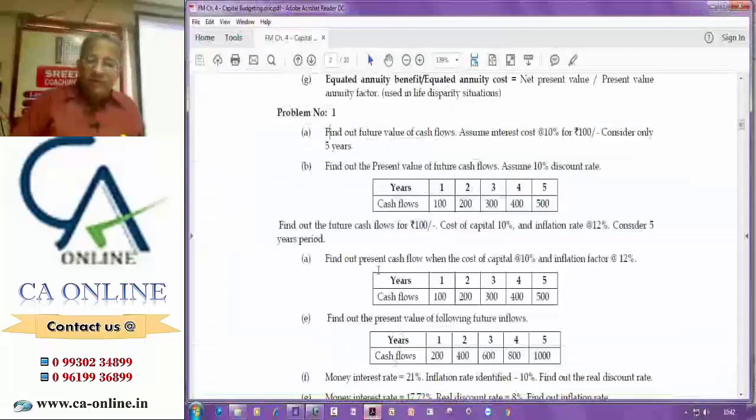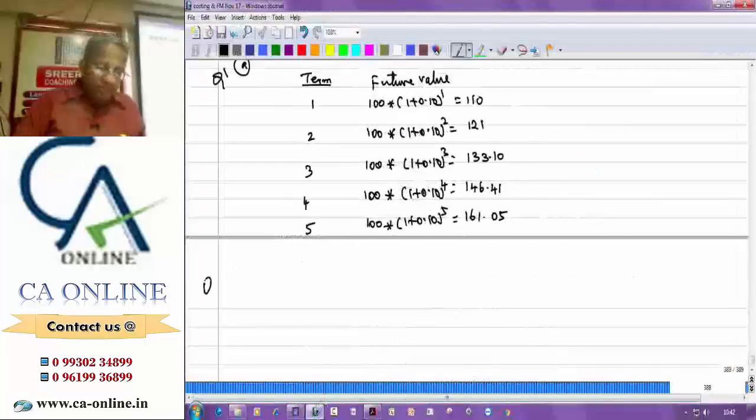Find out the present value of future cash flows assuming a 10% discount rate. Discount rate, interest rate and cost of capital are synonymous only. Question number 1B.